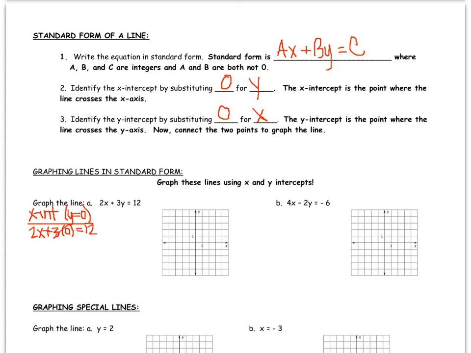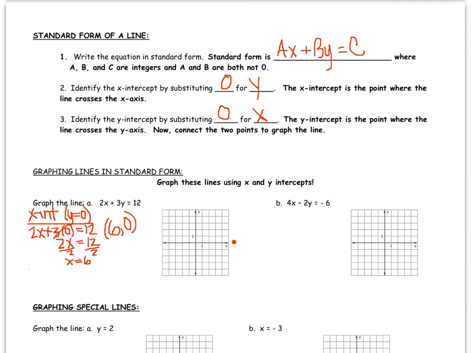So that's just 0. So we have 2x equals 12. If you divide both sides by 2, x equals 6. So that's the point, 6 for x, 0 for y. And that would be 1, 2, 3, 4, 5. It's just off, so it would be right over here on the x-axis.